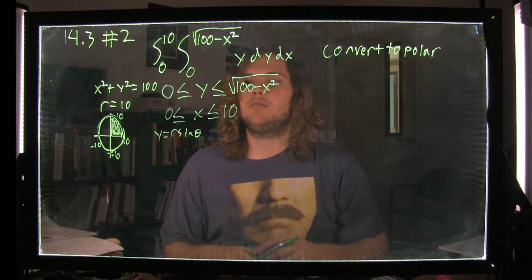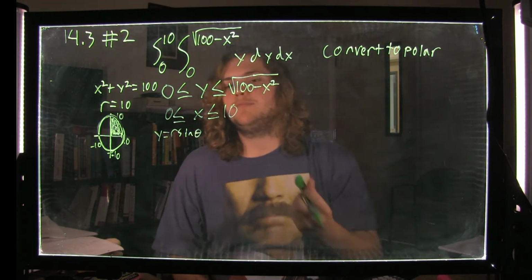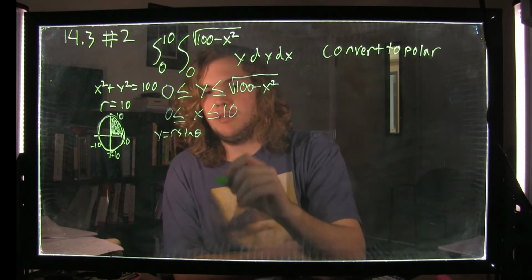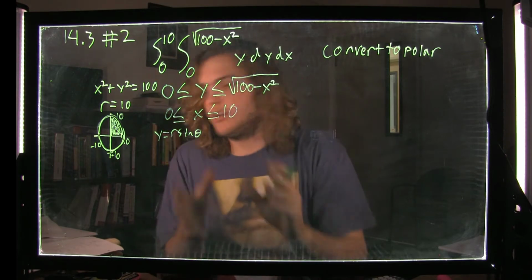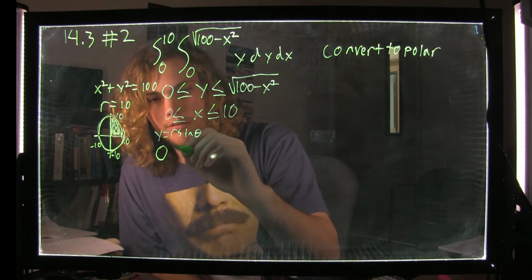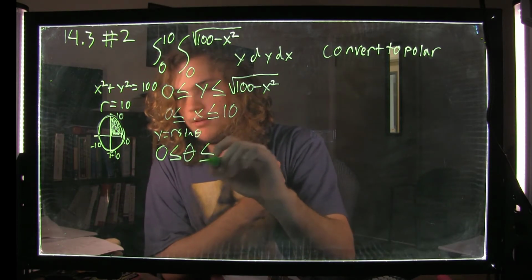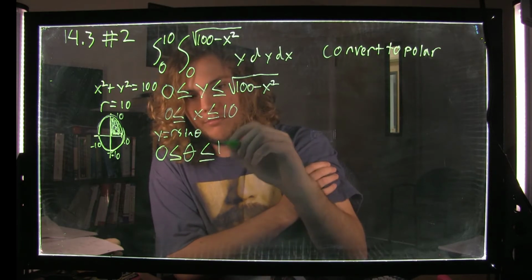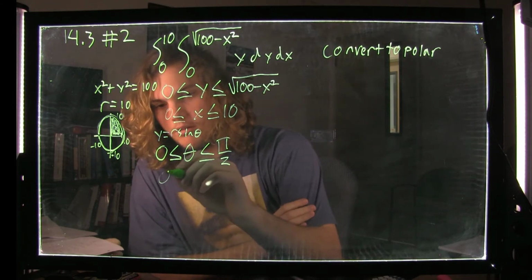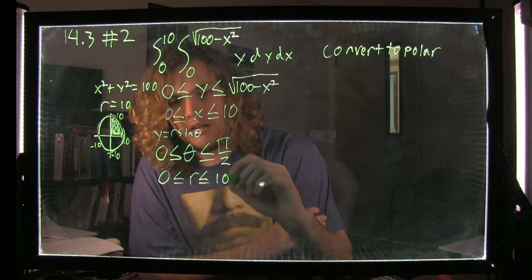So we can kind of convert our y's here. We also need to convert our x's. But then the way the other cookie's going to crumble is it's going to be from 0 to pi over 2 for theta, and then from 0 to 10 for r.